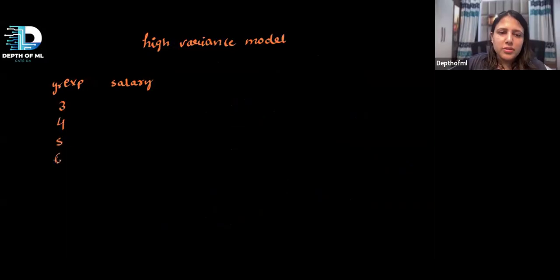So this will happen with a high variance model. Suppose I'm saying years of experience and salary. I'm having a very simple model over here. So say years of experience 3, 4, 5, 6, and salary is say 30 lakhs, 40 lakhs, 50 lakhs and 60 lakhs.